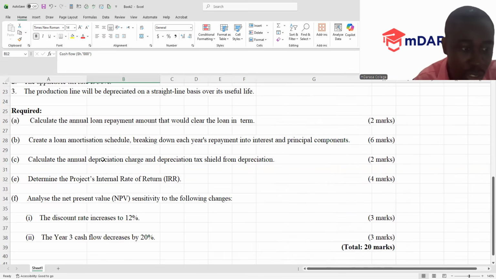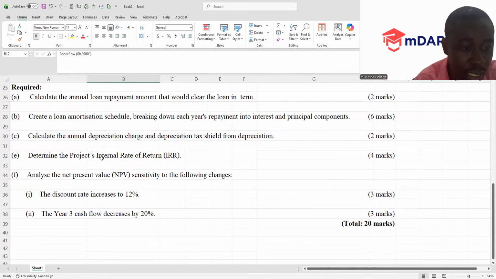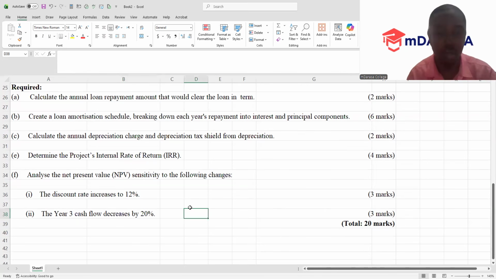Number four, determine the project's internal rate of return. Number five, analyze the net present value sensitivity to the following changes: if the discount rate increases to 12%, and if the year 3 cash flows decrease by 20%.